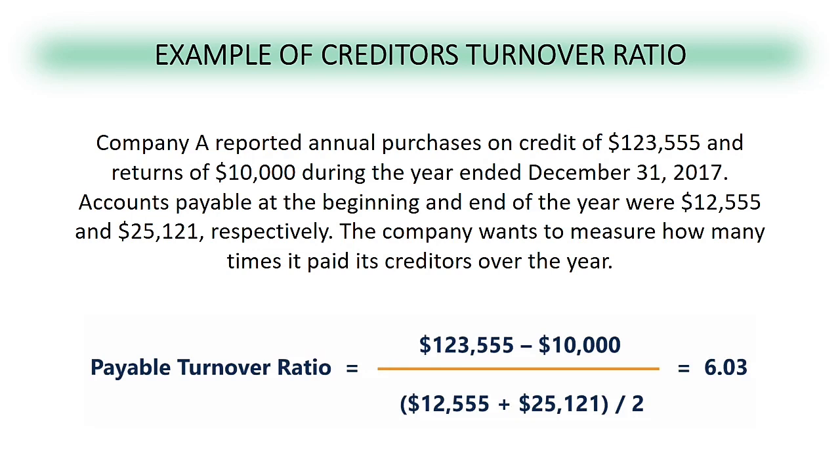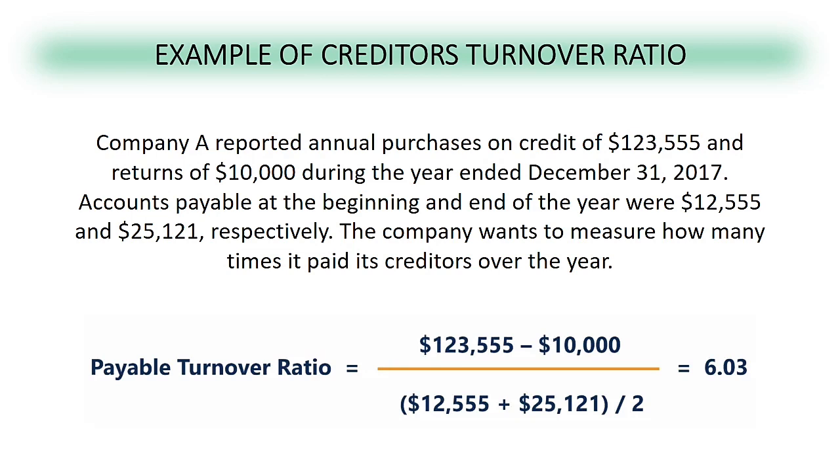So we have company A reported annual purchases on credit of $123,555 and returns of $10,000 during the year ended December 31, 2017. Accounts payable at the beginning and end of the year were $12,555 and $25,121 respectively.